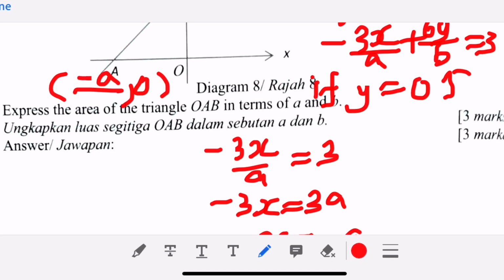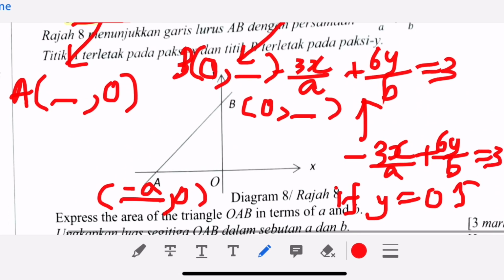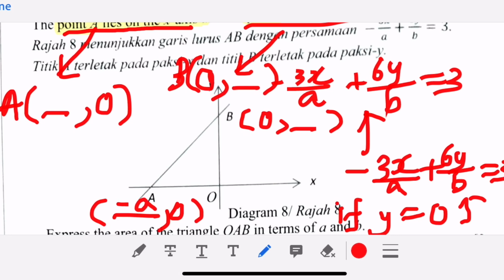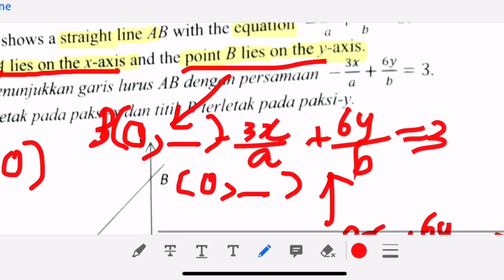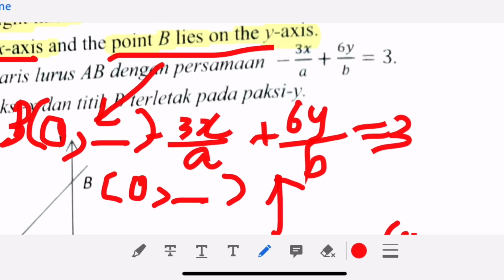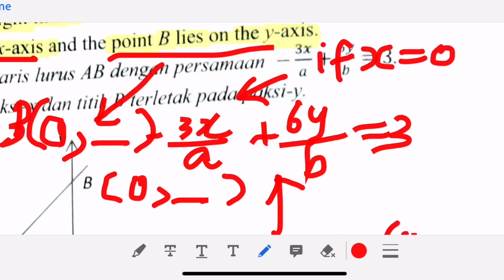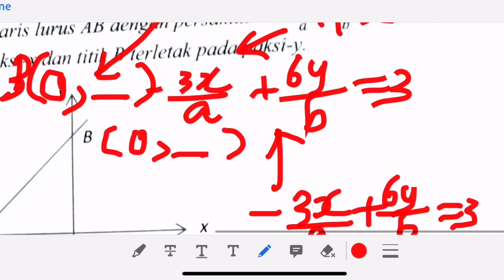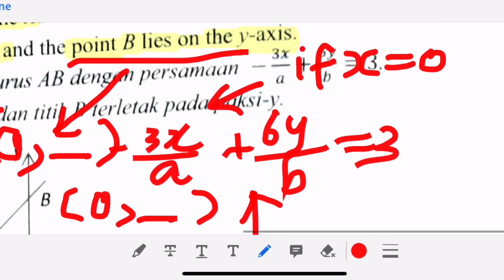It looks illogical because you are having a negative value. And then just now you let y be 0, now you let your x be 0 in order to find the y-intercept. So now we will substitute the x equal to 0 into the equation.